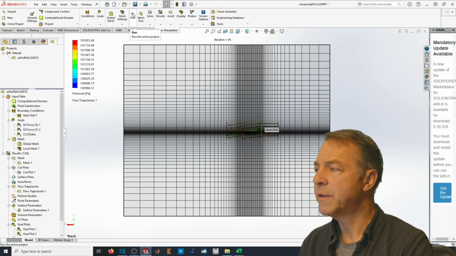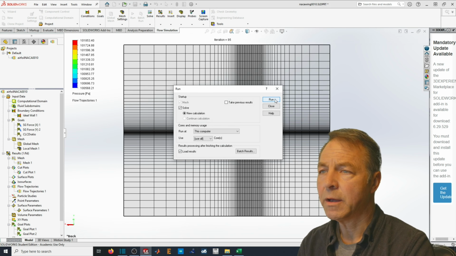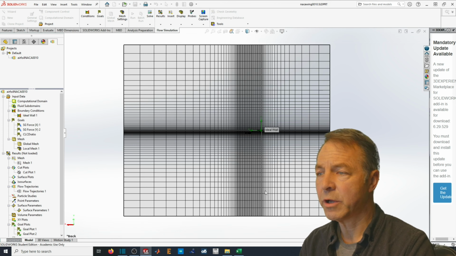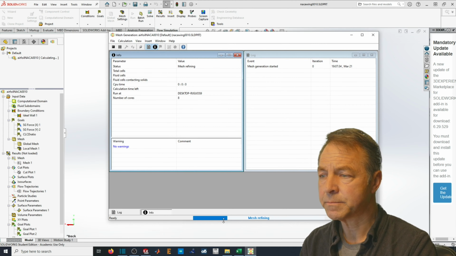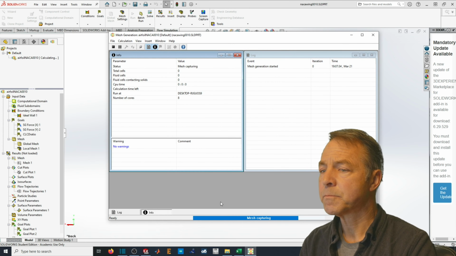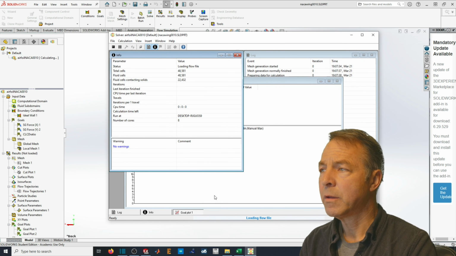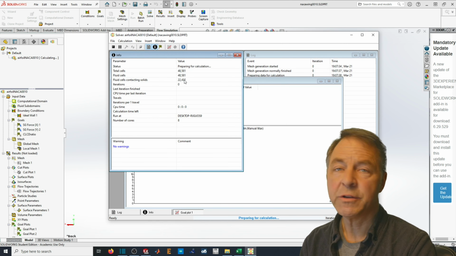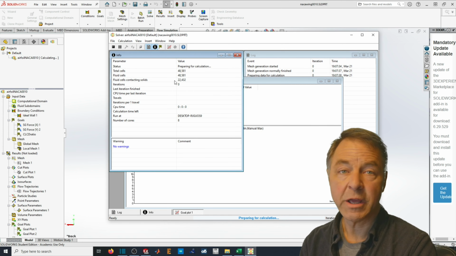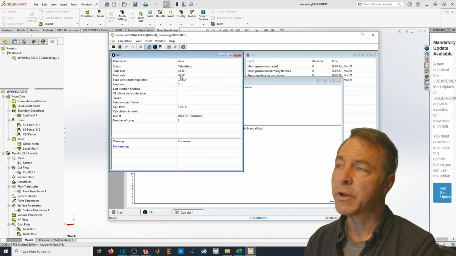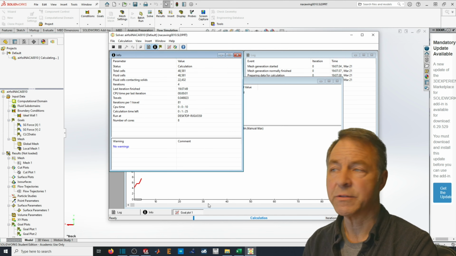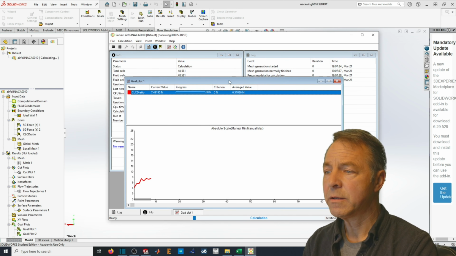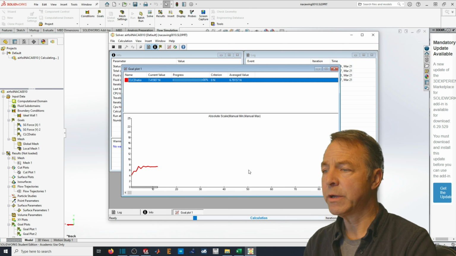Now, if we run this again, it will be a fairly long run because there's a lot of points. And you can see we've got 22,000 points contacting the solid of 48,000 points total. So we don't have that many more data points in the whole region. And it's actually progressing quite quickly.